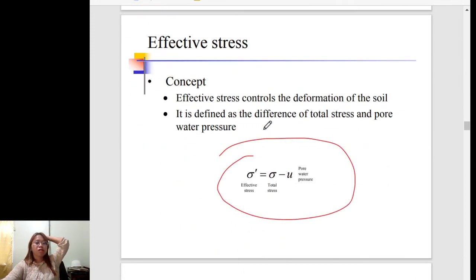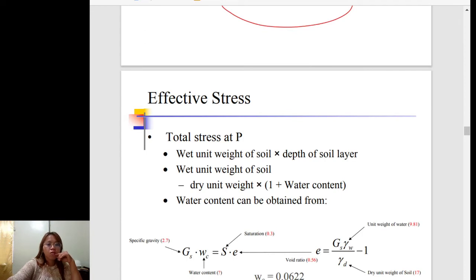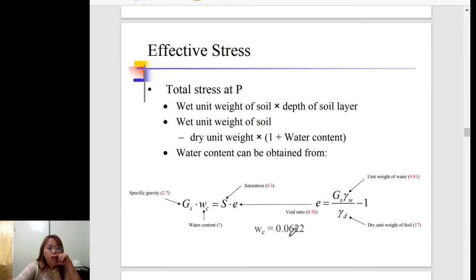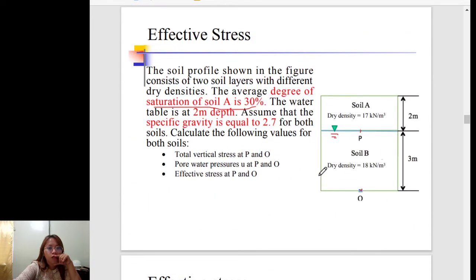Yes, for both soils. So, to compute the total stress at P, we take them one by one. We have here given S equal to 30% and GS is 2.7. So we remember to use the formula.